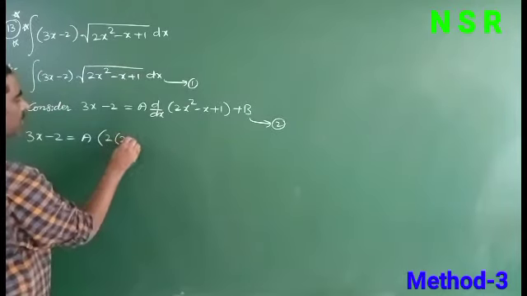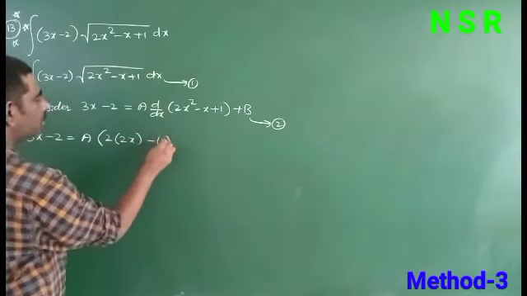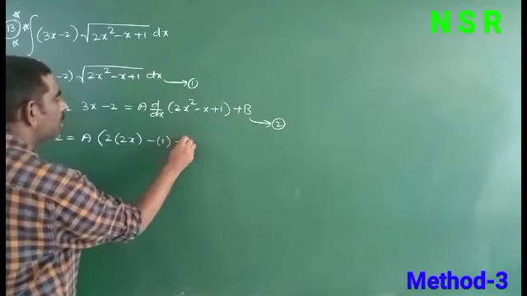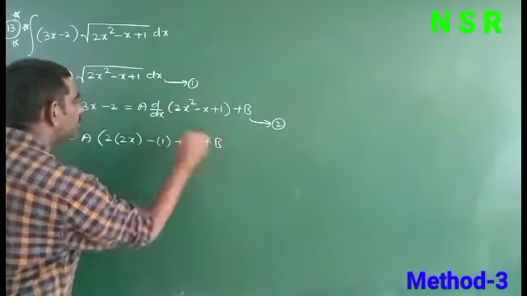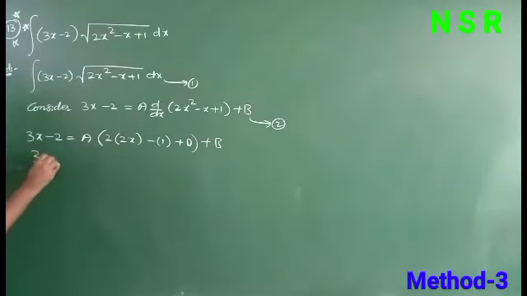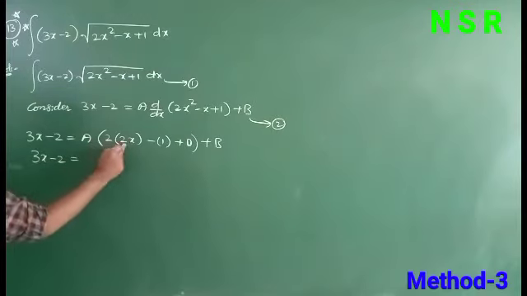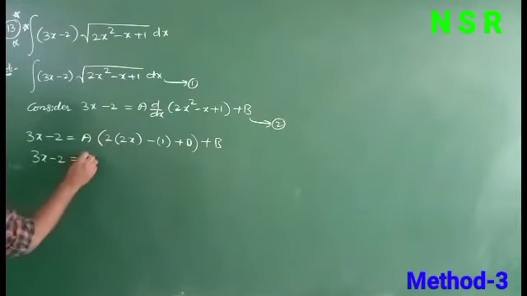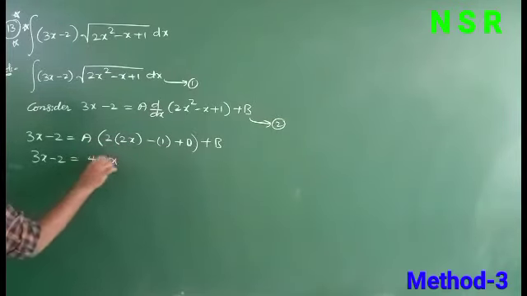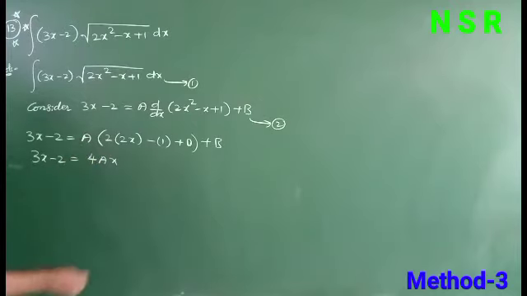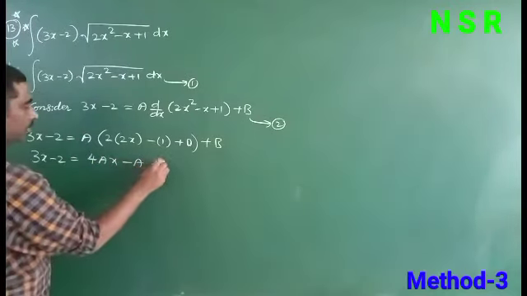Here x square differentiation is 2x, minus x differentiation is 1, plus 1 differentiation is 0, plus b. So 3x minus 2 equal to a into 4x minus 1, that is 4ax minus a plus b.